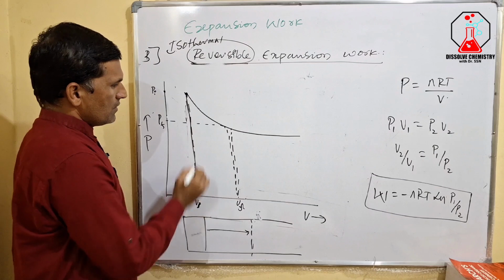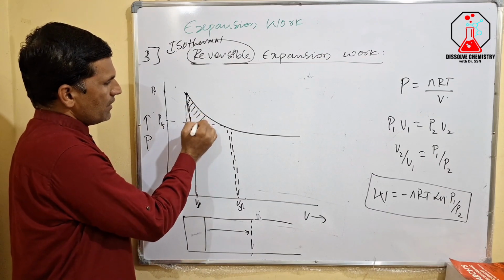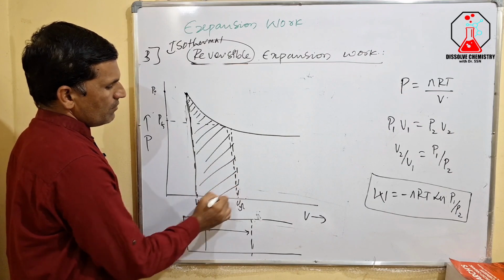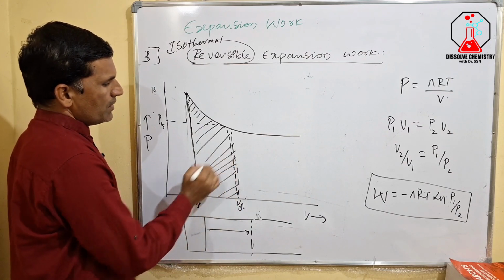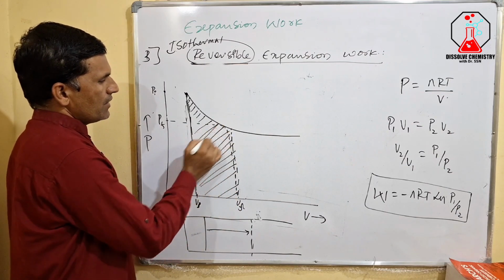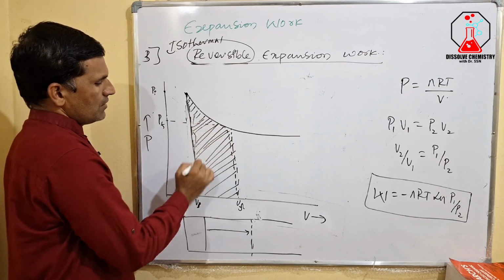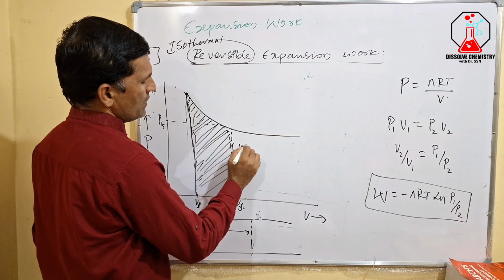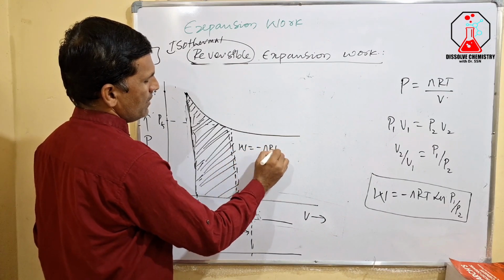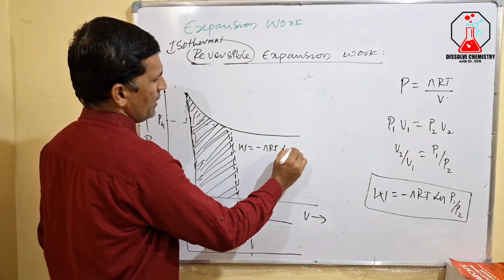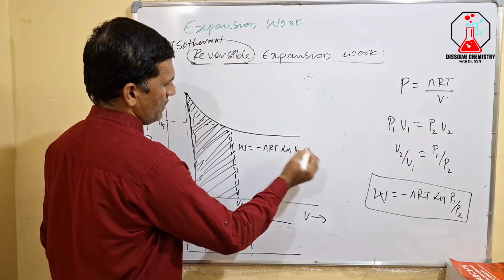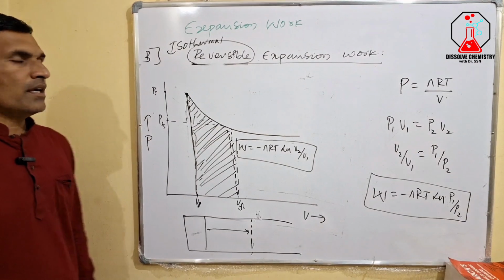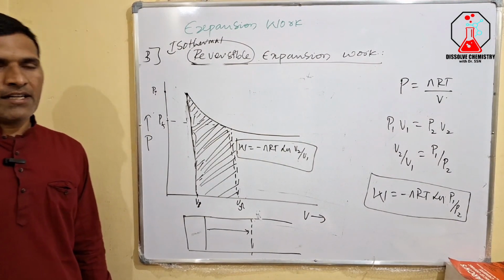This particular area under the curve will represent the work done by the gas when it is expanding reversibly and isothermally. So W is equal to minus nRT ln V2 by V1. This is isothermal reversible expansion work.